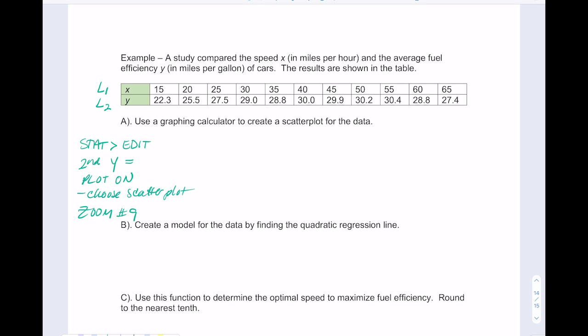And you'll end up getting a graph that looks something like this, which as you can see is not linear by any means. Down here you've got your speed in miles per hour, so you'd want to label that. And then the y, you would have average fuel efficiency in miles per gallon.